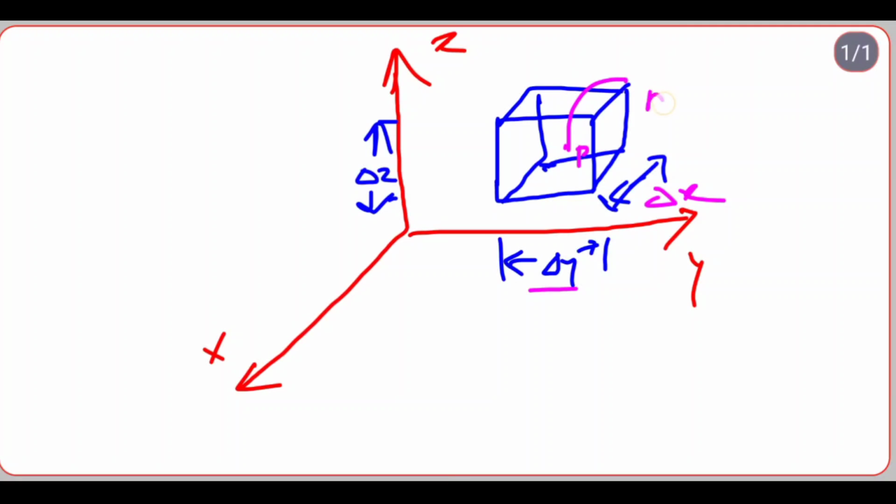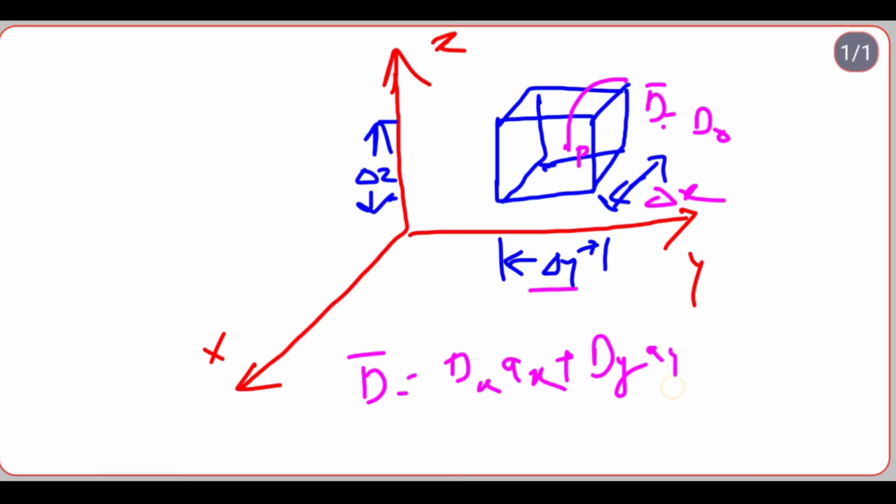In Cartesian coordinates, the electric flux density D bar can be written as Dx ax plus Dy ay plus Dz az.